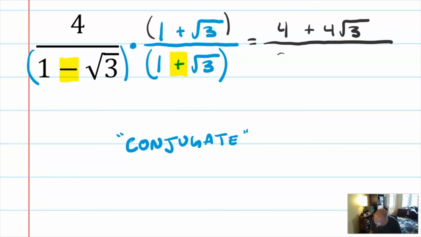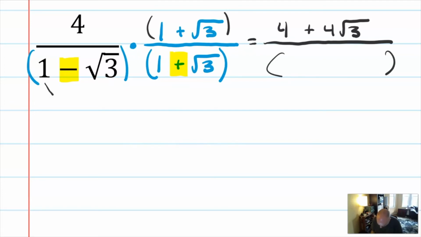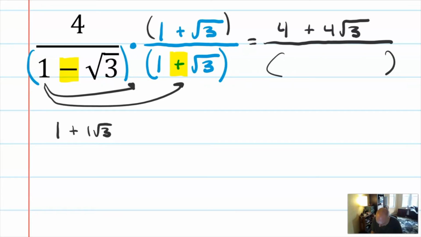I'm going to reserve this space for my answer, and I'll do some scratch work down here. So I get 1 times 1, I get 1. 1 times root 3, I get 1 root 3. Then minus 1 times root 3, so I get minus 1 root 3.